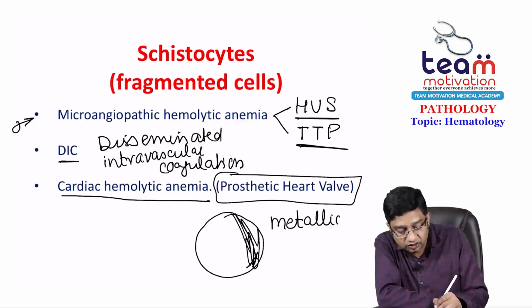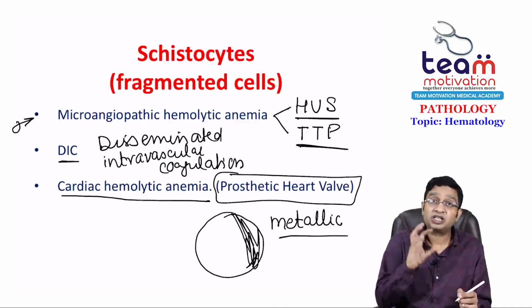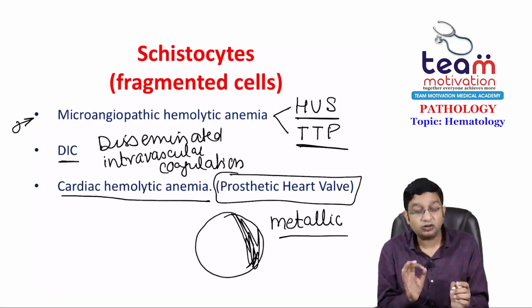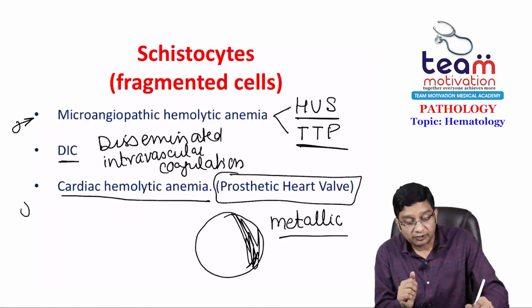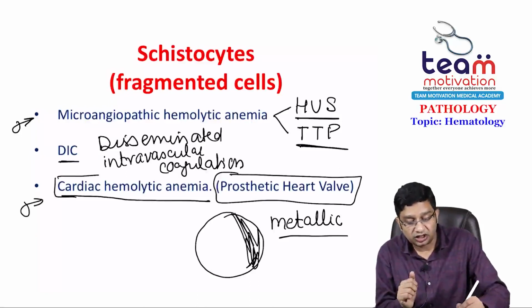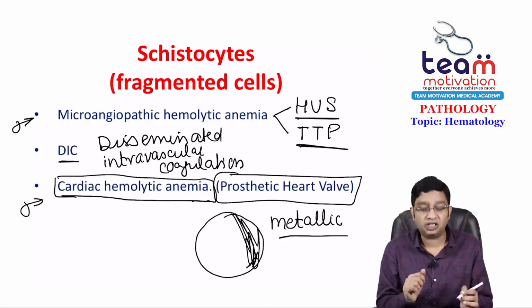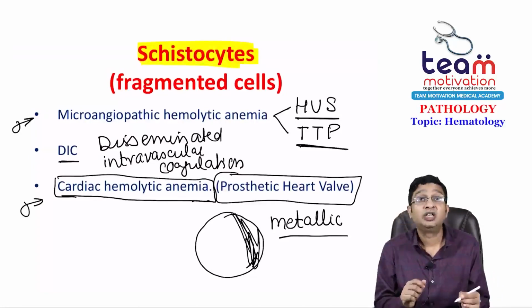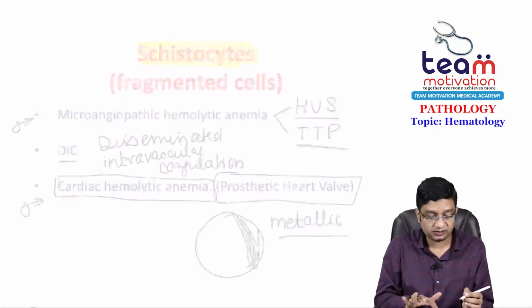A person has had a heart valve transplantation and there is a metallic heart valve. Whenever the blood strikes the metallic valve, the RBCs will break. So you get fragmented RBCs, which are also seen in cardiac hemolytic anemia. Right? So these are schistocytes, the fragmented RBCs.